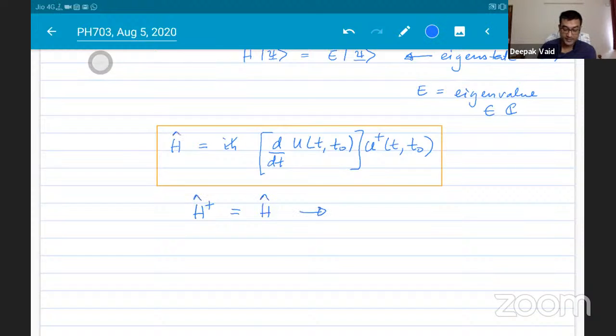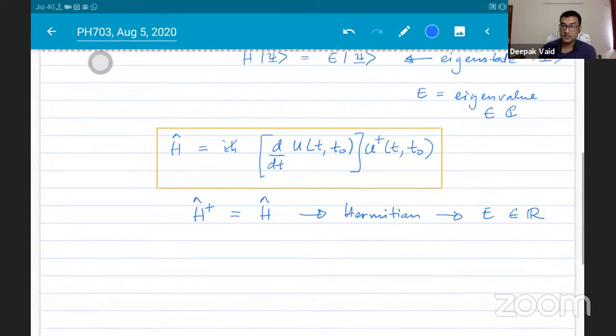So this means that H is Hermitian. If H is Hermitian, this implies that the eigenvalues of this operator are real numbers. We have talked about this in class before.